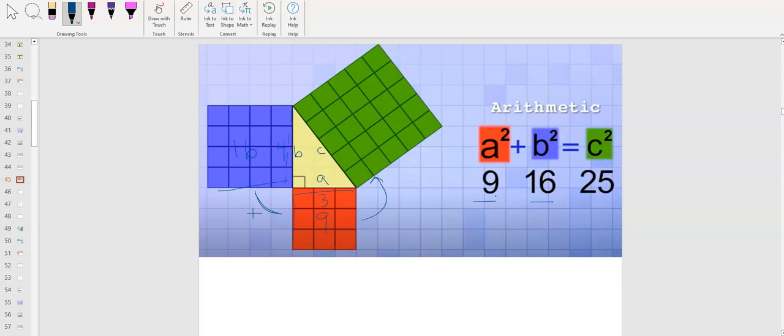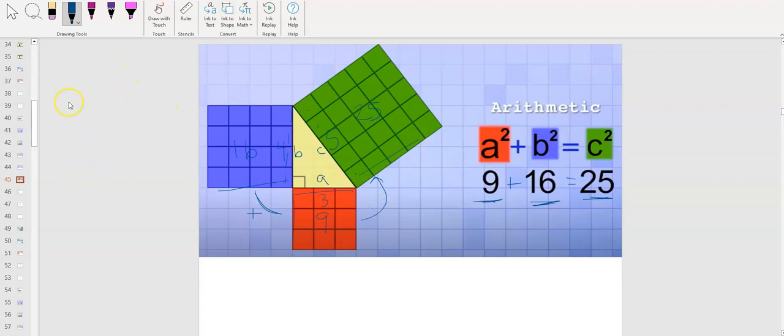C, the length of the hypotenuse, is 1, 2, 3, 4, 5. Squared, that's 25. So A squared, which is 9, plus B squared, which is 16, equals 25, which is C squared. And that is a true statement. That is what Pythagoras figured out, that this works on any right triangle.